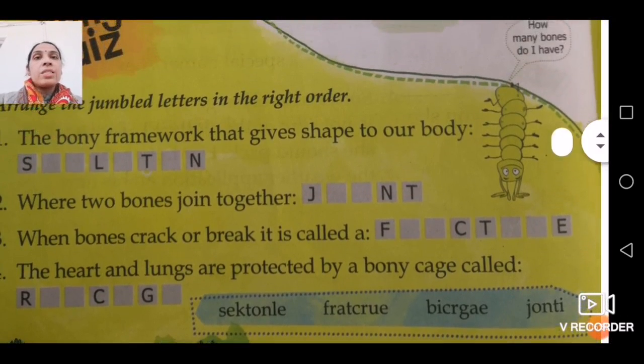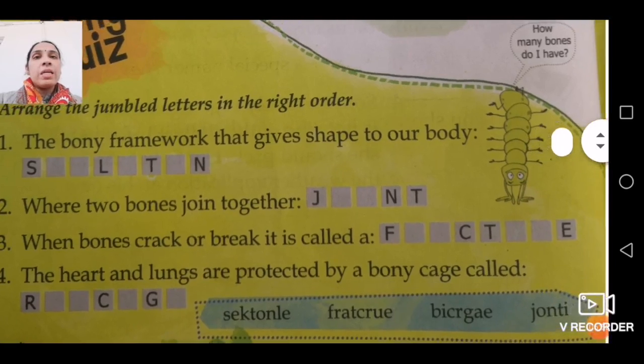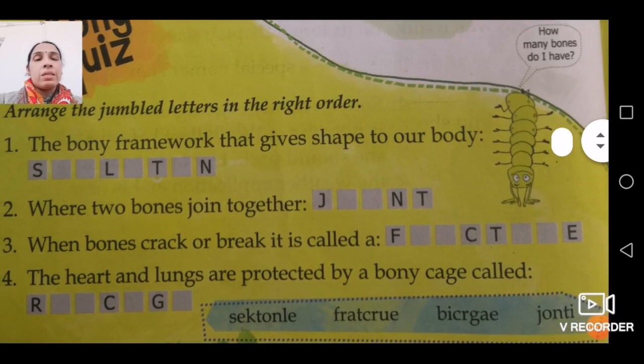So you have to arrange the jumbled answer and then write the answer. The bony framework that gives shape to a body, what is that? That is skeleton.